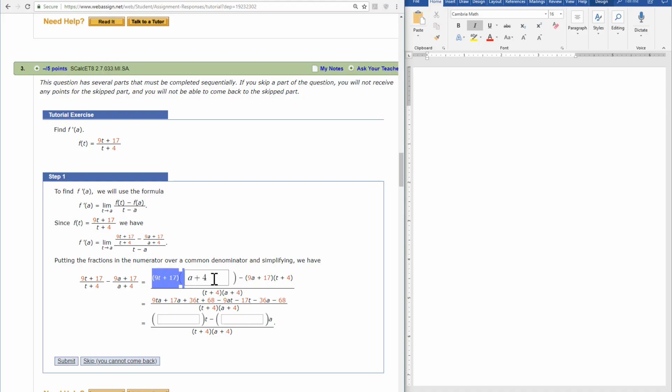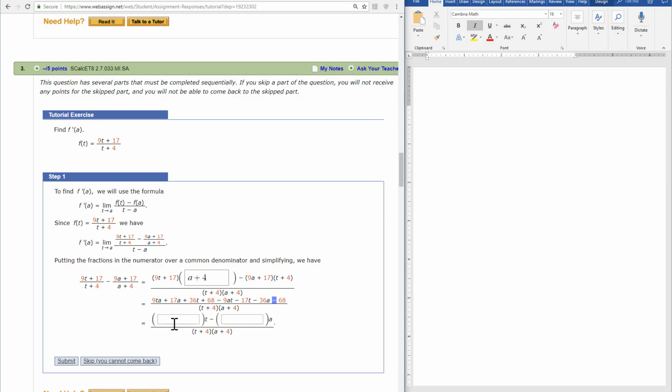Okay, so we have this big numerator that we want to simplify, and so they took the liberty of distributing, foiling out the first part as well as the second part, and they made sure to keep track of the negative signs as it got distributed.